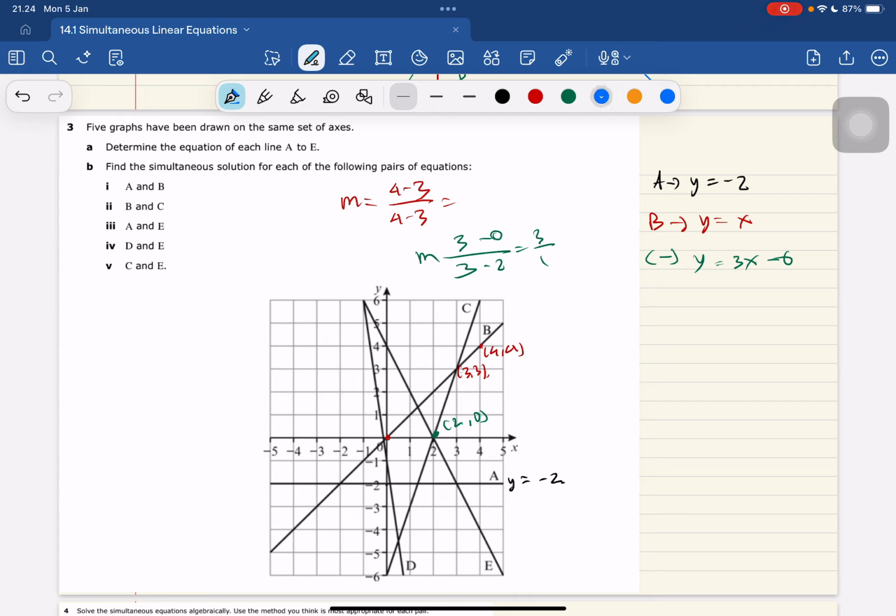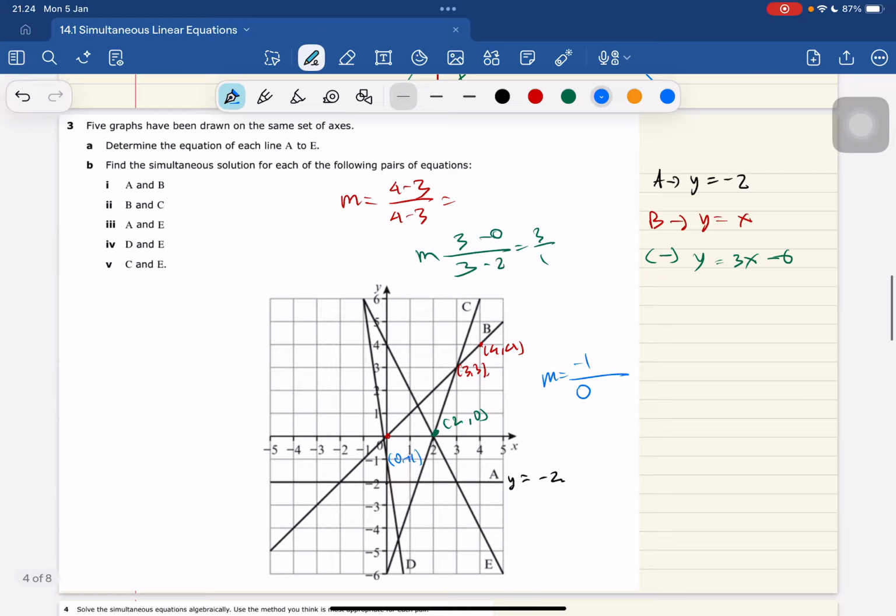Next for D, where is D? Here we go. Okay, let us use this point. This is 0 and minus 1. So the gradient is minus 1 over 0. And, okay, this point, minus 1 and 6. So minus 6 and minus 1.